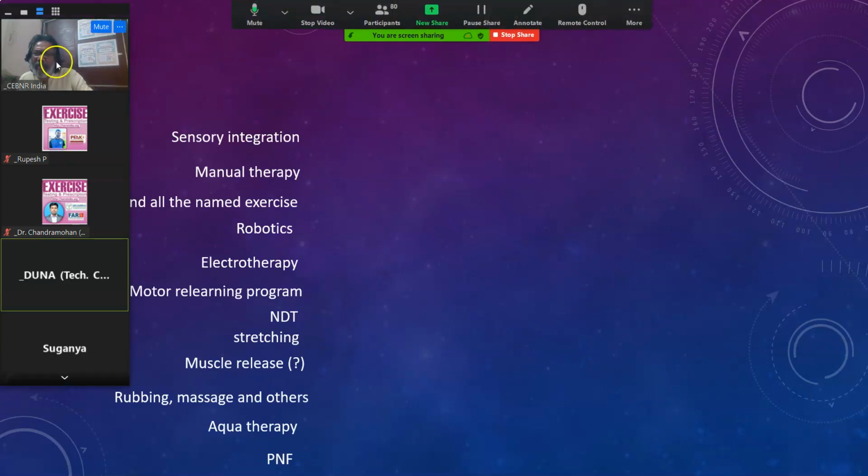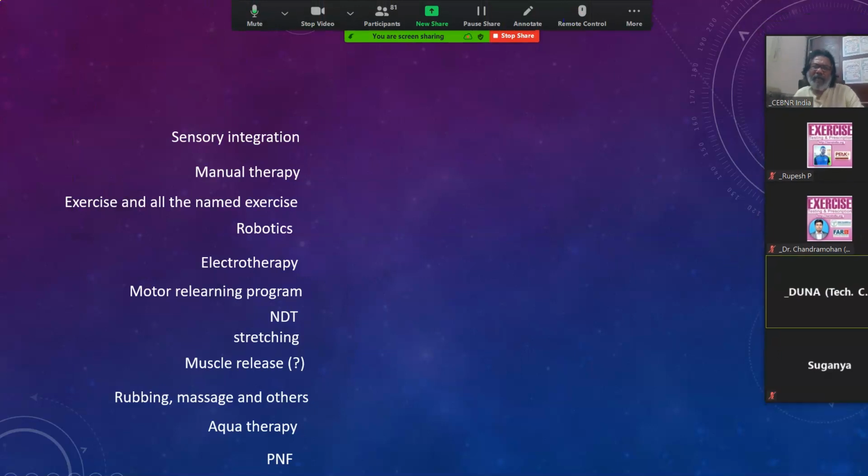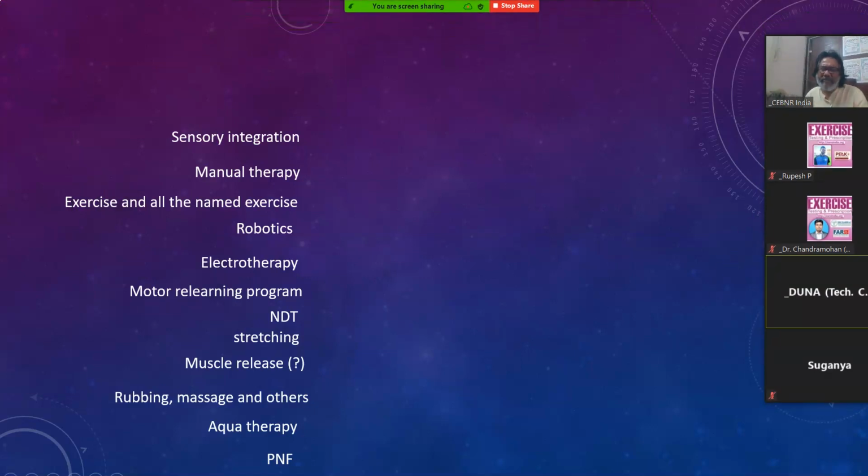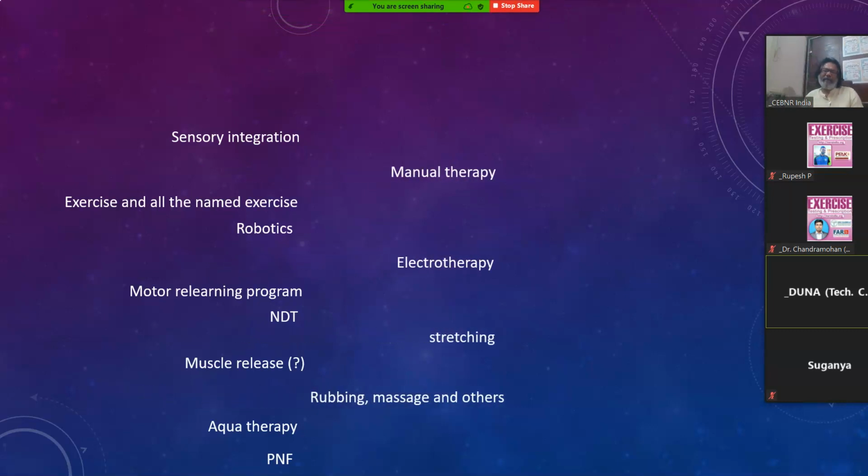We will again go back to our original picture, right? So if I have all these therapies I have written, and again I should have moved the muscle release also here. What system do you think is most probably going to affect the whole system?